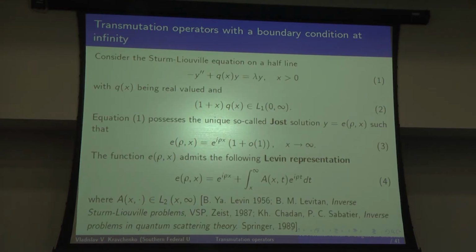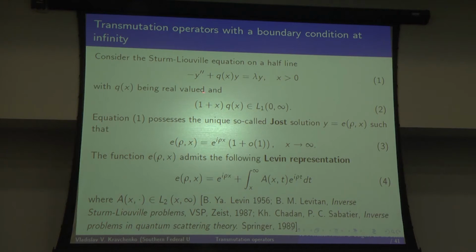And the third one is the transmutation operator with the boundary condition at infinity. So all of them, of course, are very useful in all kinds of inverse problems. So if we consider the Sturm-Liouville equation on a half line, with Q being real valued, here, well, for me, it's not that important, but sometimes for some results in this talk, it is important.